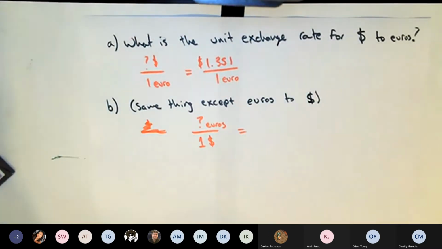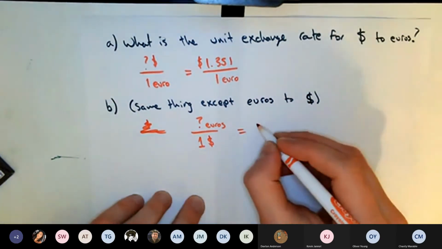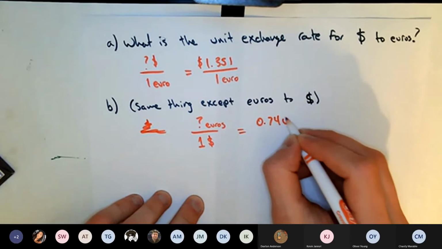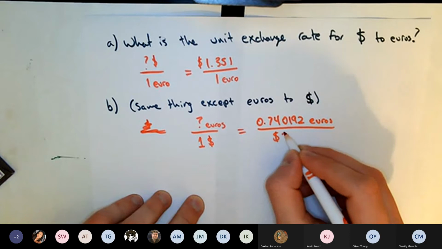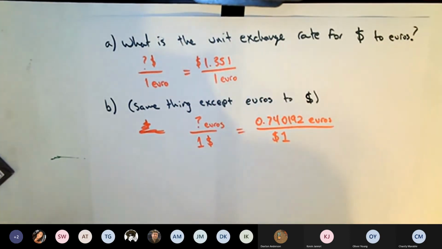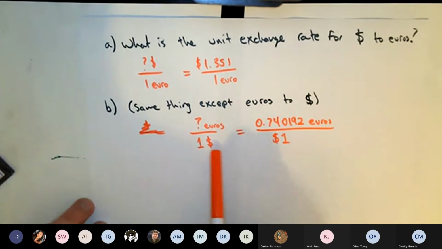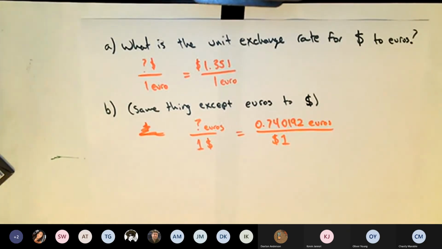But that's what the third column gives us, where it says in euros. So 1 American dollar in euros is going to be equivalent to 0.740192 euros per 1 American dollar. And we put our dollar symbol in front of the number, so I'll stick with that. I messed that up here, I put dollars behind it, but there we go.